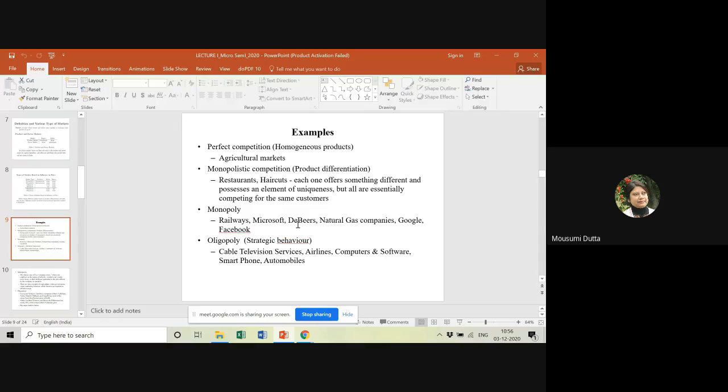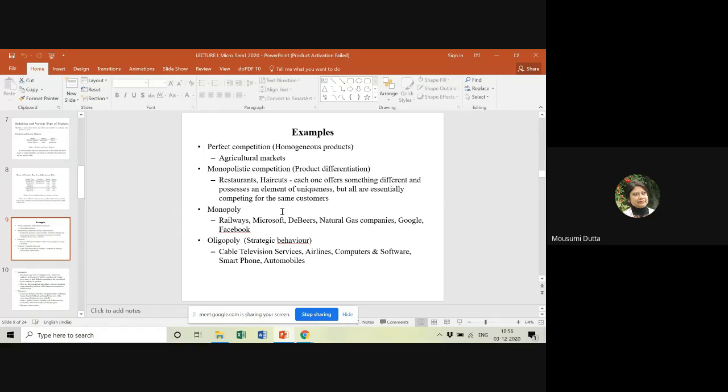Railway, Microsoft, De Beers in the case of diamonds, natural gas companies, Google, Facebook. These are almost monopolies. There may be some competitors, but not equivalent competitors. So we can still consider Google and Facebook as monopolies.